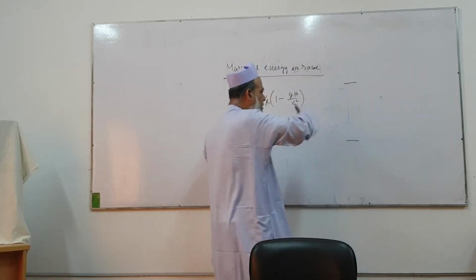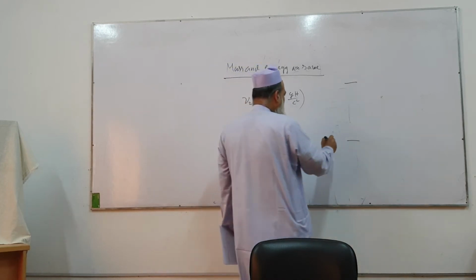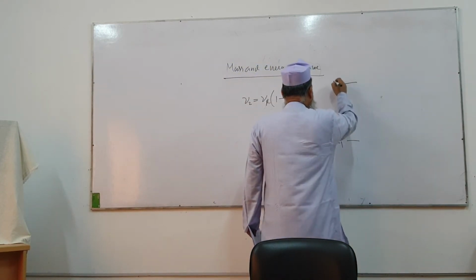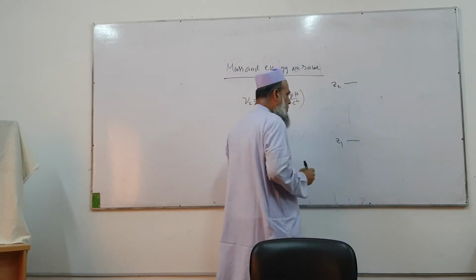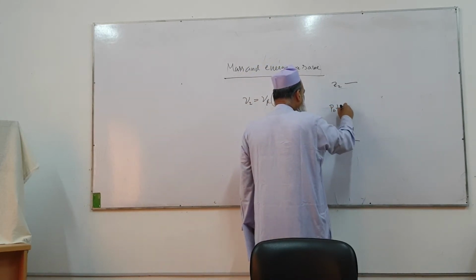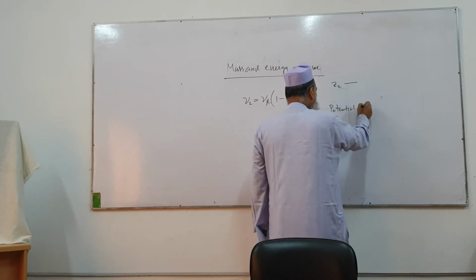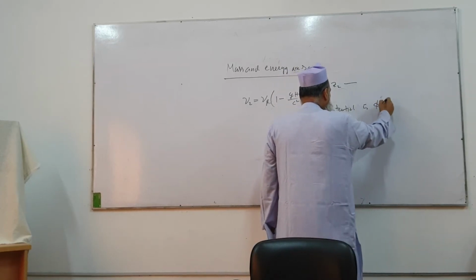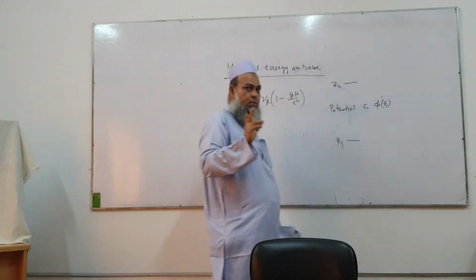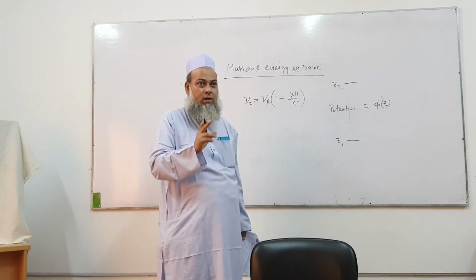This is a lift. The bottom, the top. Say this is at height z1. This is at height z2. Potential is phi of z. I remind you, this is not potential energy, this is potential.